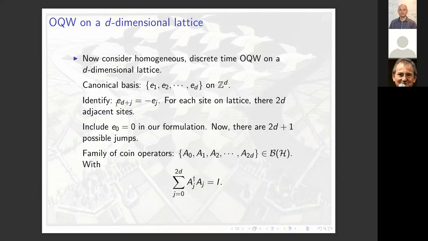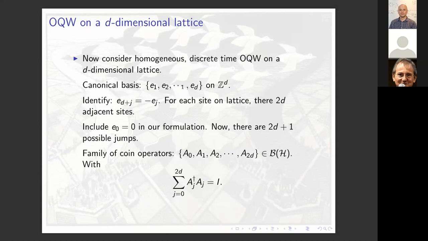again, let's consider a homogeneous, what's called a homogeneous discrete time open quantum walk on a d-dimensional lattice. So we have the space Z^d over here, and we find it useful to bring into the game this canonical basis, right?